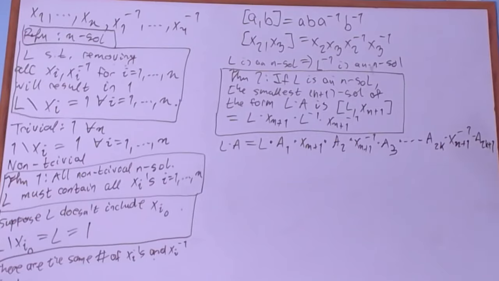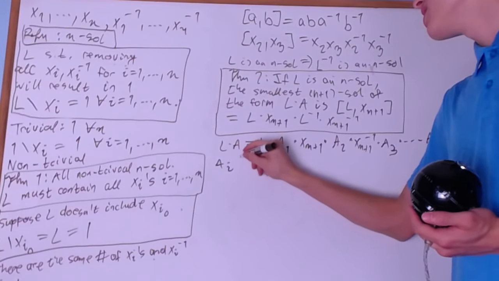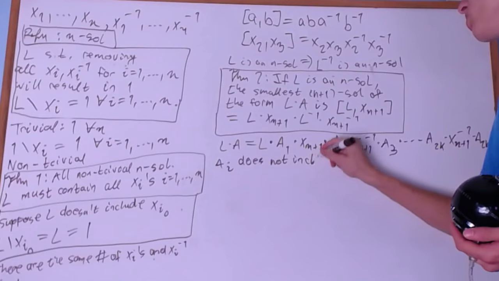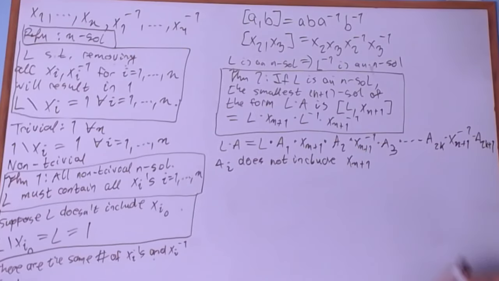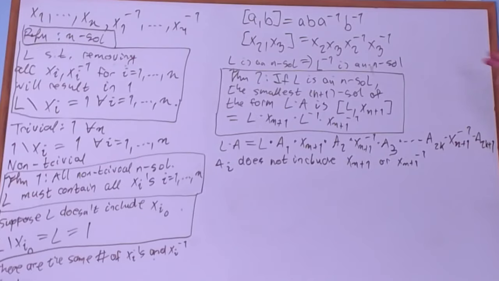And the requirement I'll make is that each one of these AIs does not include xn plus 1 or xn plus 1 inverse. So that means that we have L, a bunch of stuff that only includes x1 to xn, times xn plus 1, times a bunch of stuff that only includes x1 to xn, times xn plus 1 inverse.